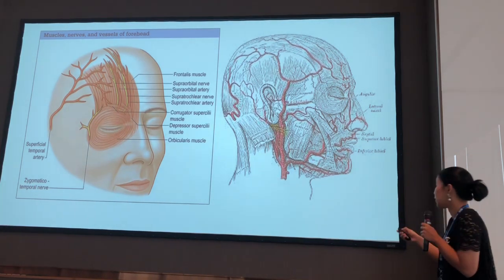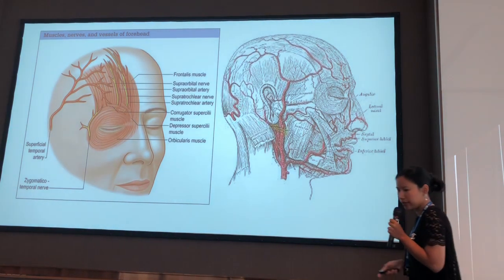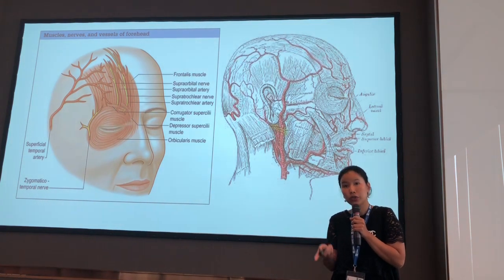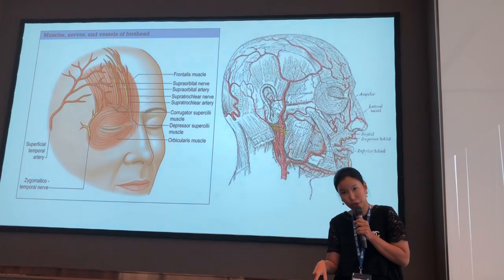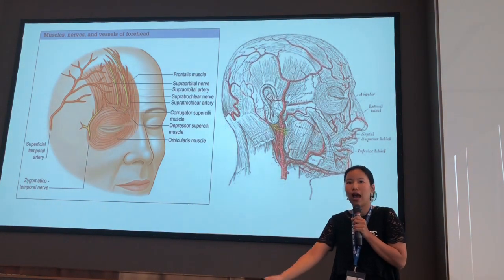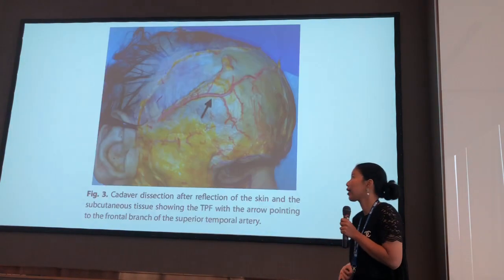Okay? And you can see this picture. So this means that the vessels of the forehead are connected to many vessels. So if a complication happens here, the emboli can spread anywhere. I will show a real case later.